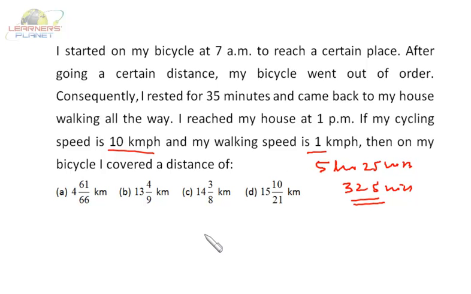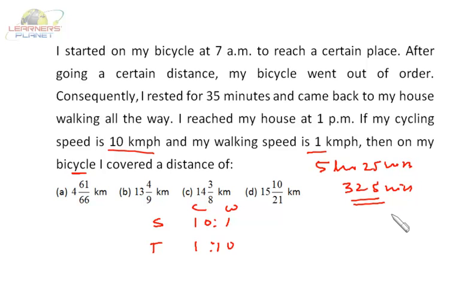So speed ratio is 10:1. This is cycle, this is walking. That means time ratio will be 1:10. Now we have to find out the distance covered on cycle. Okay, so in all he is taking 325 minutes to cover this particular distance.